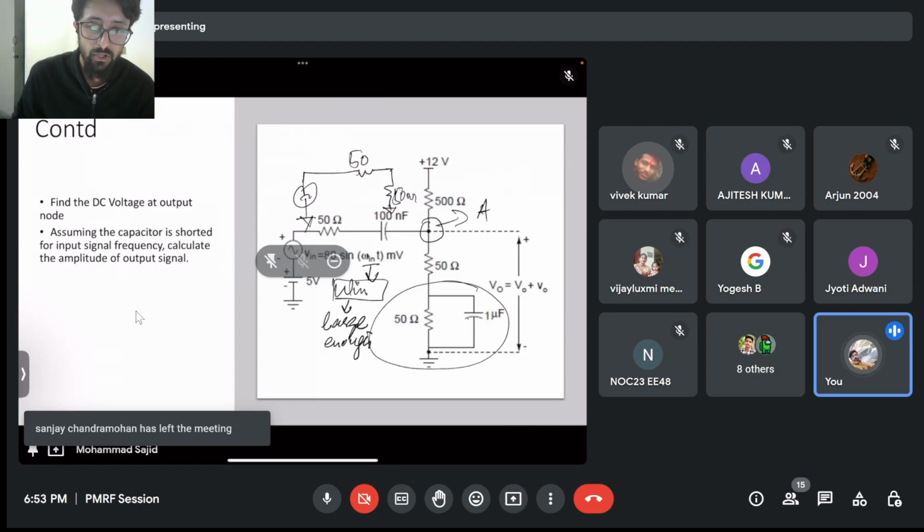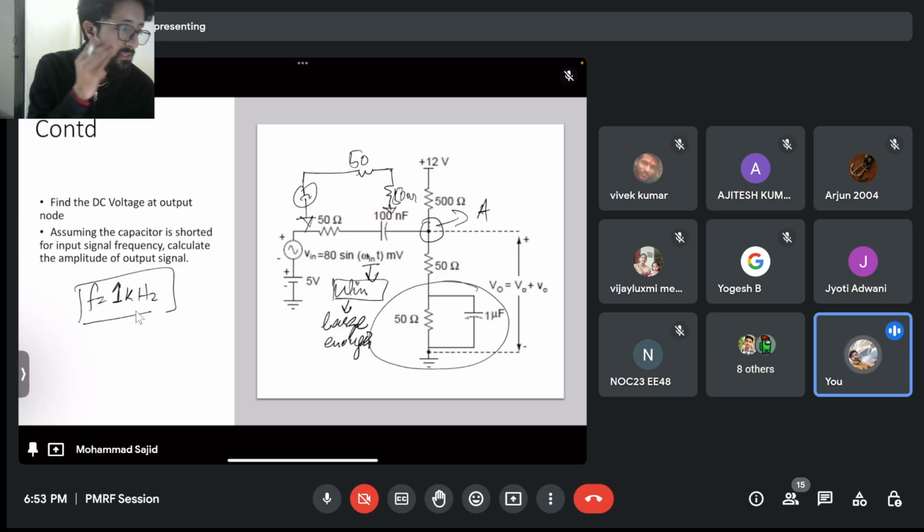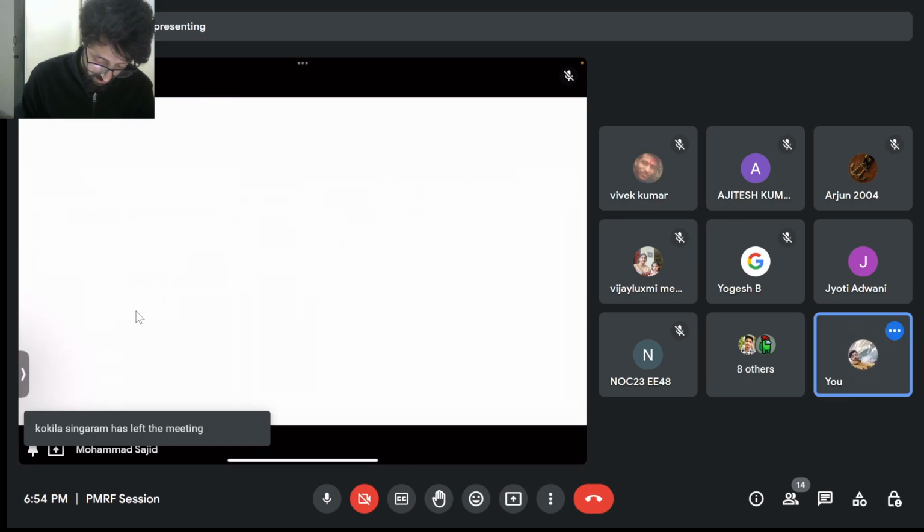So it won't necessarily be short. For example, if I have a 1 kilohertz frequency, it's not necessary it will be short at 1 kilohertz. So there is one question where you have to calculate the input frequency after which the capacitor will act as a short.